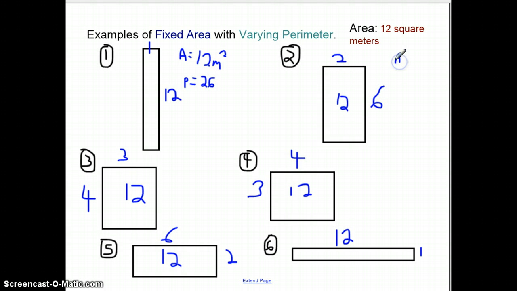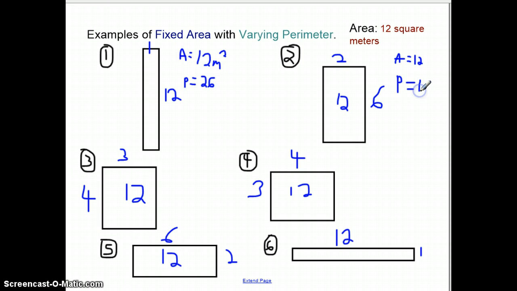Again, we got 12 as our goal. Area equals 12. And 6 plus 2 is 8, 8 plus 2 on this side here is 10, 10 plus 6 is 16. So perimeter changes, and that's exactly what we predicted.